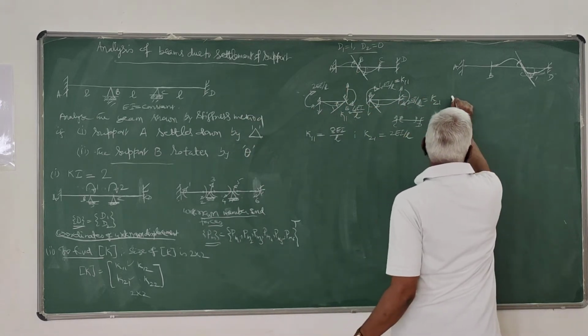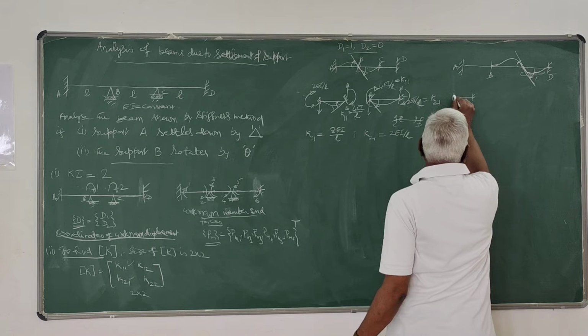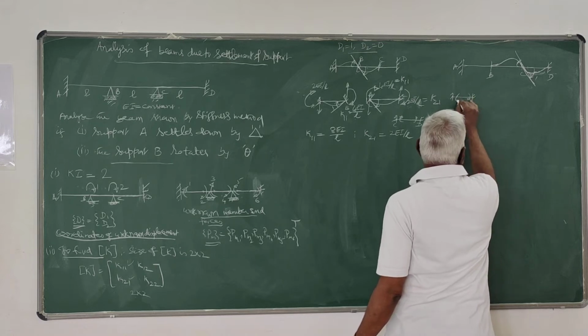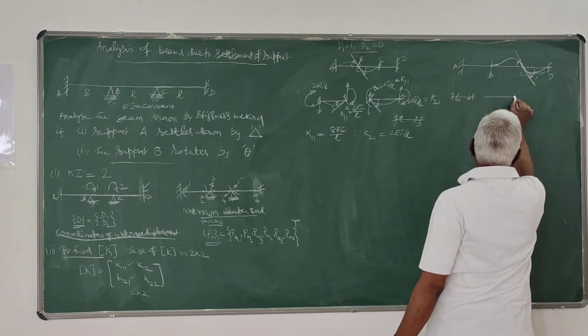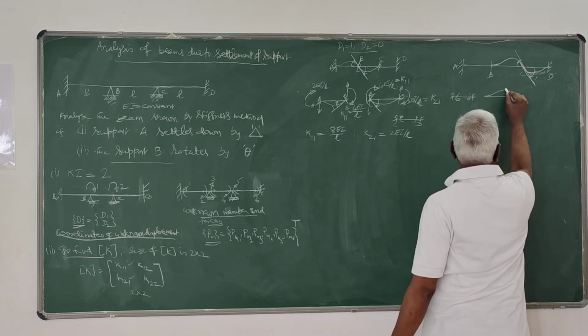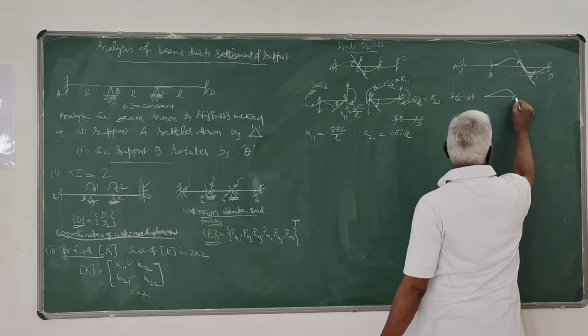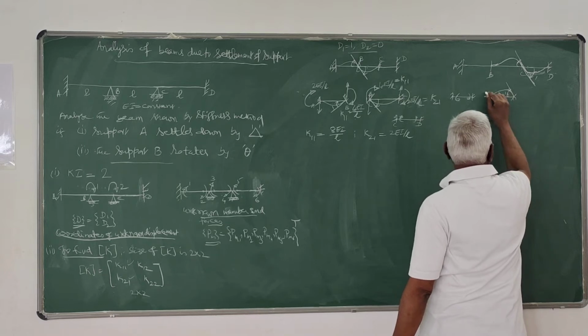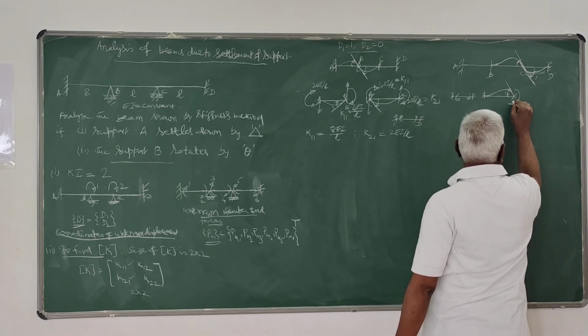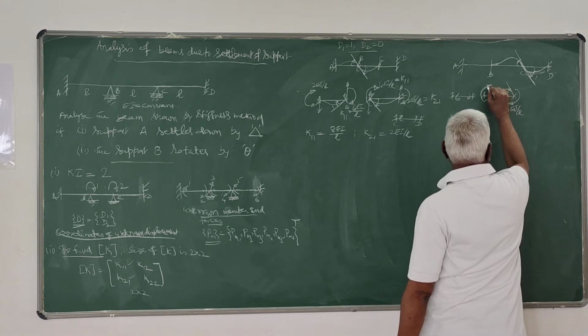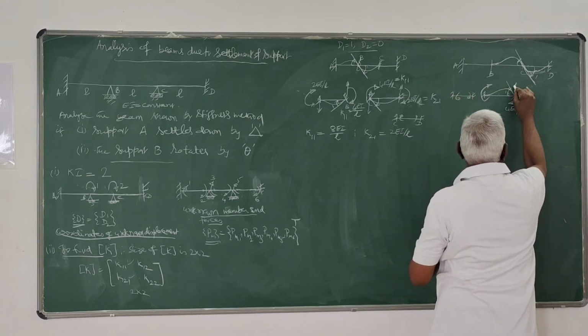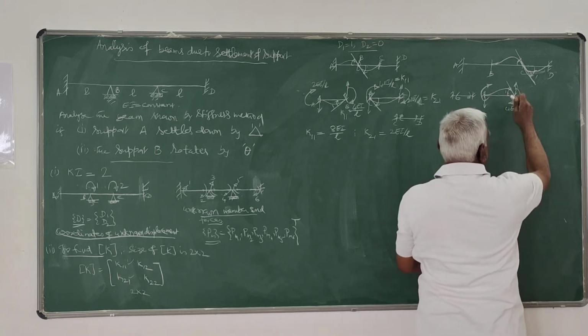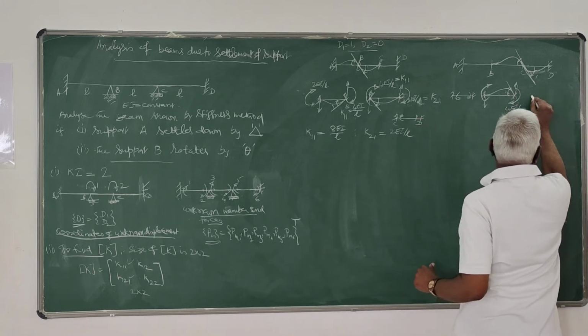The affected members: AB is 0, 0, and BC has undergone displacement like this, 1 unit. Here this is 4EI by L, this is 2EI by L. The resistance is like this, it will not be used here.